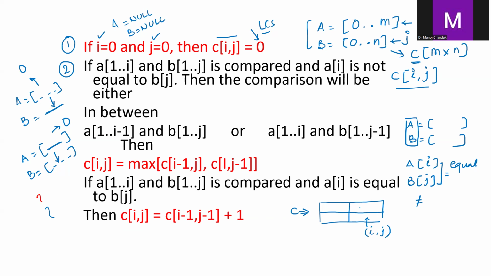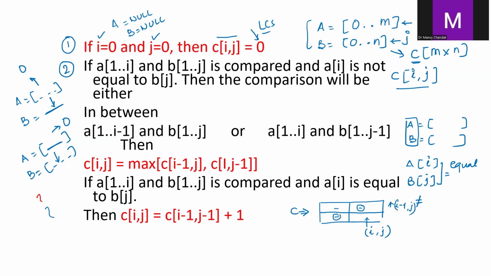Then we can use three different locations which are around C of i j. First location: if this is row i, the row above i will be called i minus 1, but the column remains the same. So this will be called C of i minus 1, j.